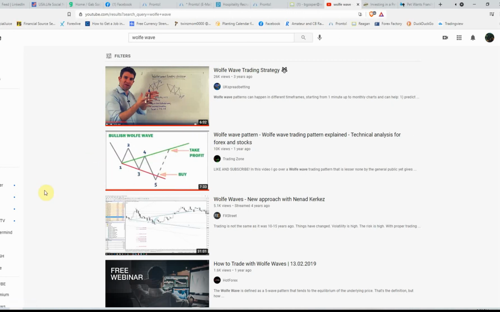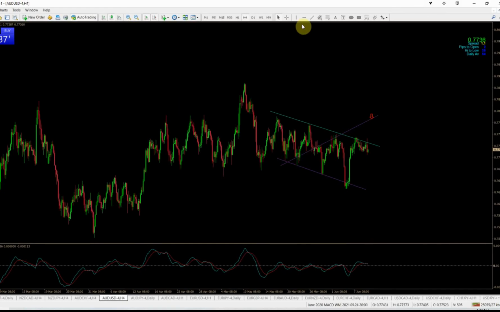Which is basically, if you see like in this one, where price is in a downtrend, let's go to the chart here. I'll just draw. So let's say you have a downtrend, and then as you're getting towards the end of the downtrend, you see this type of thing, where the market is making new lows, but as it's coming down, these waves are starting to overlap. Okay, 1, 2, 3, 1, 2, 3, 4.